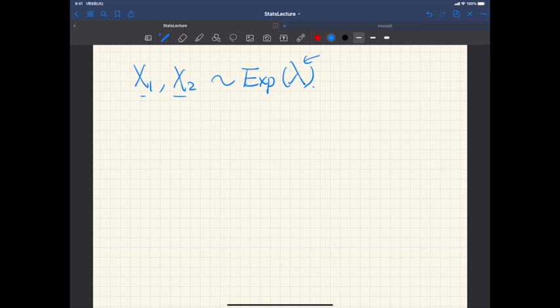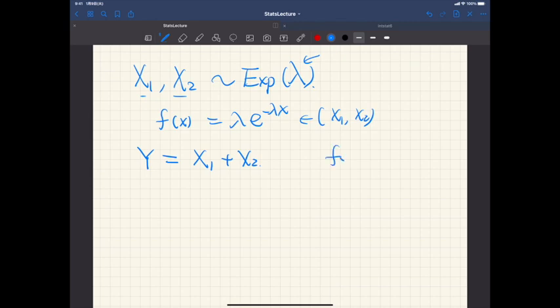Both of them have the same density function because it's an exponential distribution with the same parameter. The density function for x1 and x2 is this, the same. Now, we define a new random variable y by adding these two random variables. Then what is the density function for y?